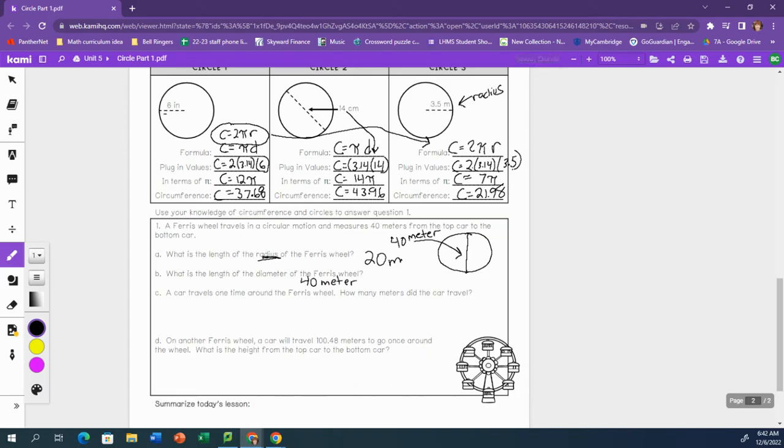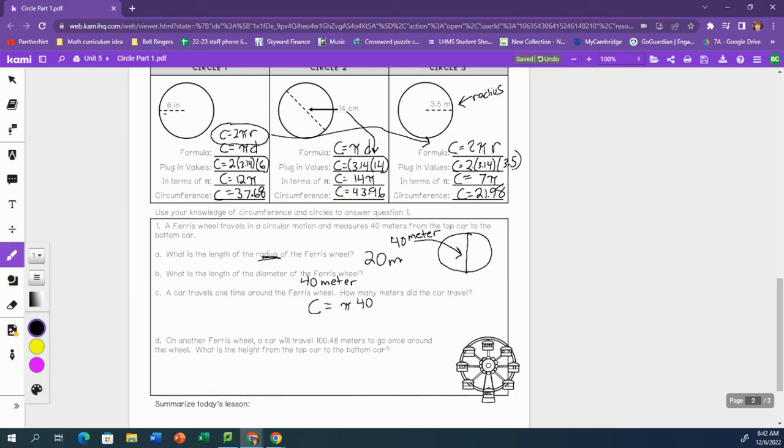A car travels one time around. How many meters did the car travel? Well, that would be the circumference, okay? So circumference equals pi times 20, or pi times 40. Oops. Pi times 40, okay?